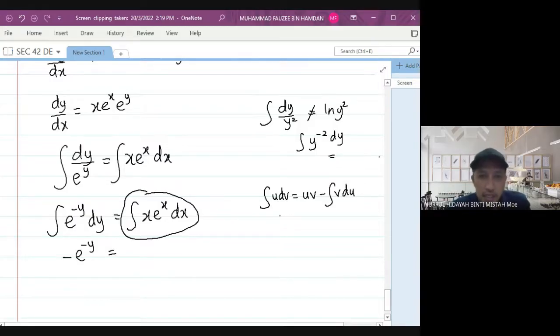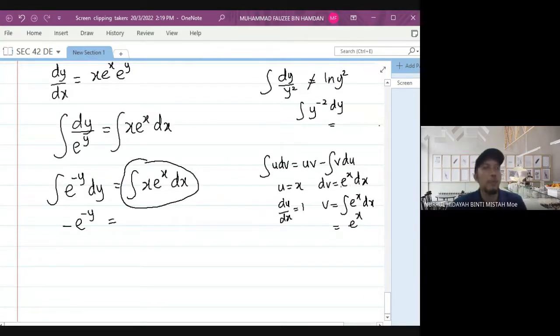Okay, so in this case, you choose u equal to x, dv equal to e to the power of x dx. So du over dx is equal to 1. And v is actually the integration of e to the power of x, which is e to the power of x. So we substitute into the integration by part formula.